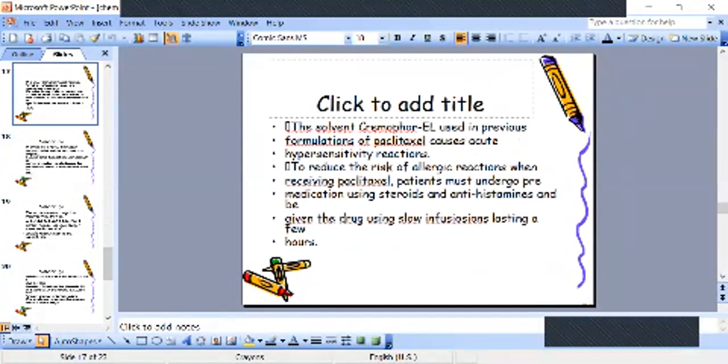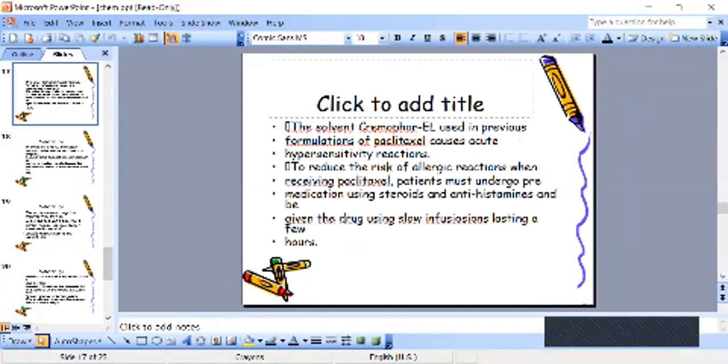The solvent Cremophor EL used in the formulation of paclitaxel causes acute hypersensitivity reactions. Patients must undergo pre-medication using steroids and antihistamines and be given the drug using slow infusions lasting a few hours.